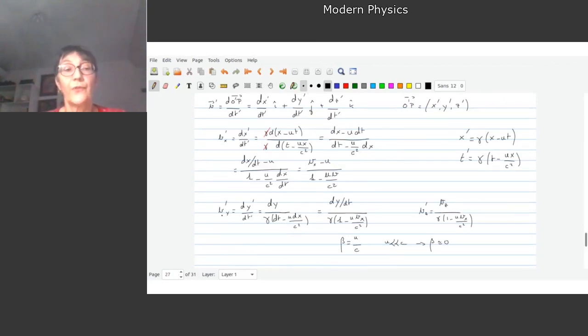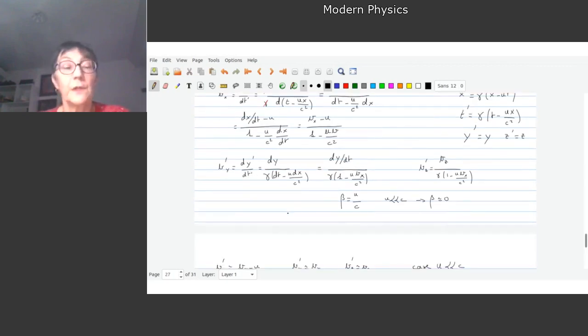And you do the same for v y prime. So I have y prime which is equal to y, and z prime which is equal to z, because the relative movement is along the x-axis. But as you divide by dt prime, it will depend on the velocity.